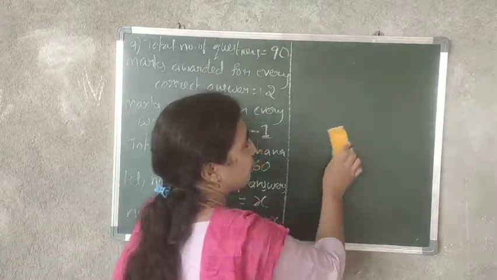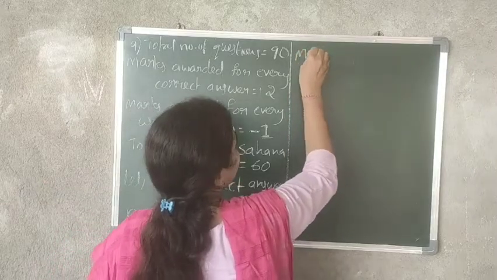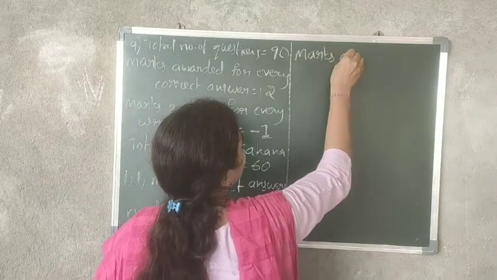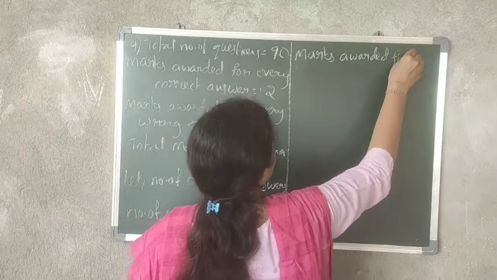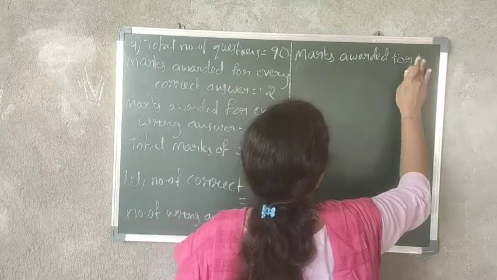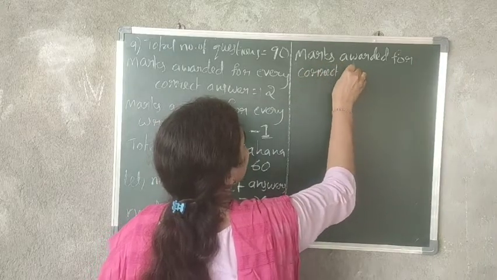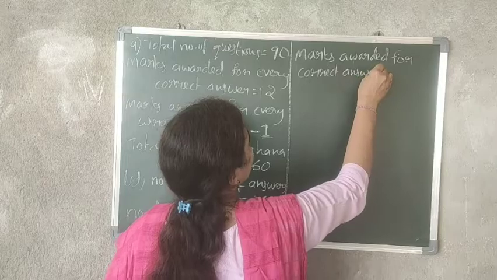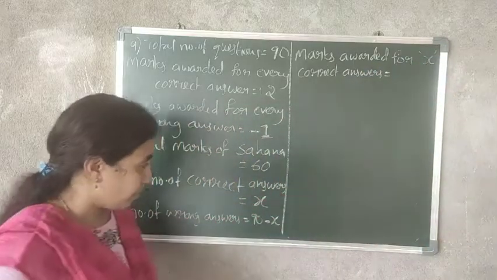Okay, so now see, the number of correct answers we know, the number of wrong answers we know. But marks awarded, we should know marks awarded, no? Marks awarded for x correct answers.